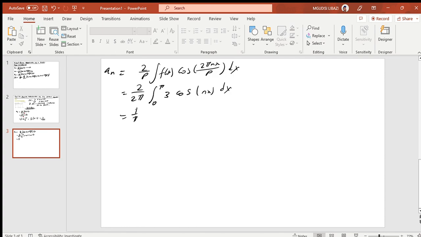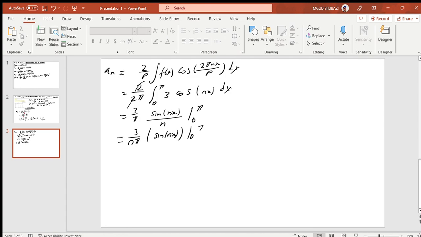If I take 3 out, I'm going to have 3 over pi, because the 2 will cancel the 2. Then if I integrate, the cosine will be sine of nx divided by n, which is the derivative of the inner function, from 0 to pi.